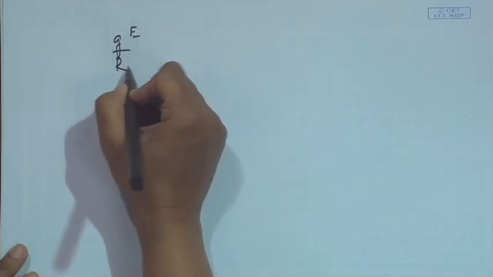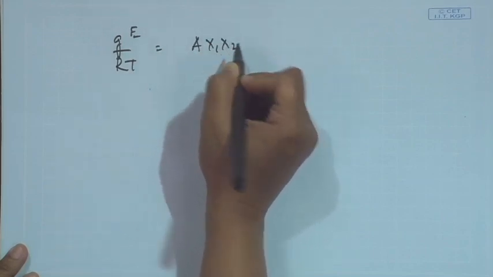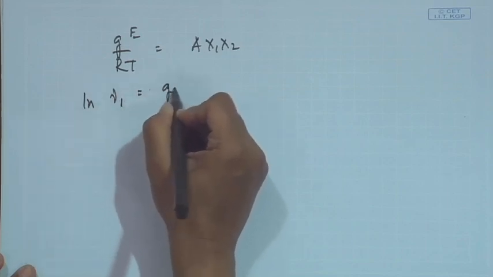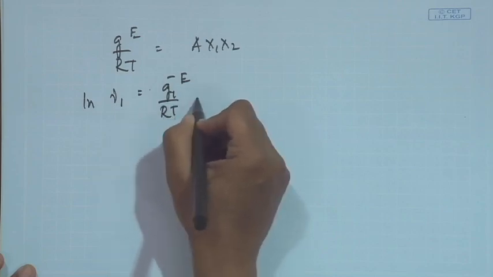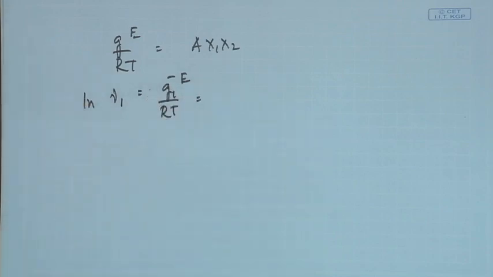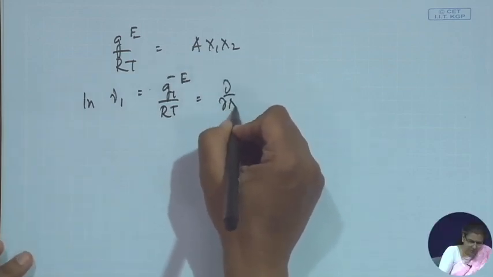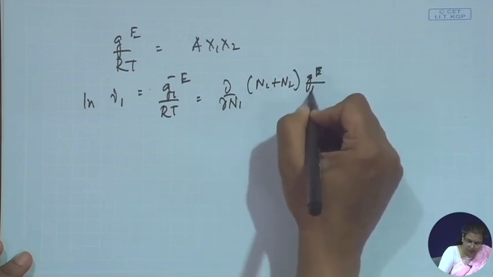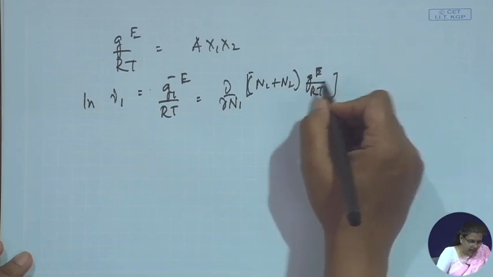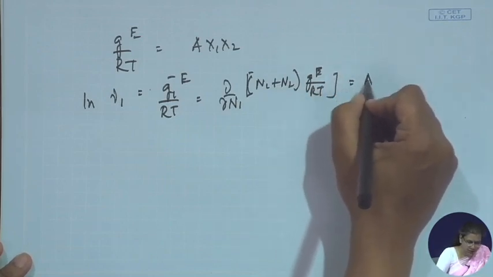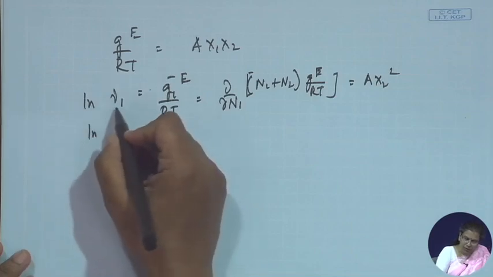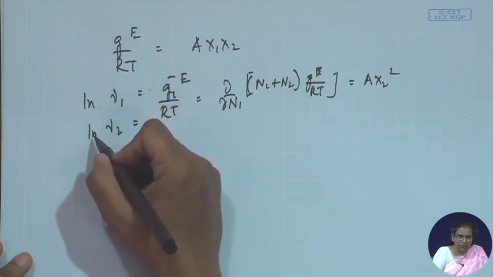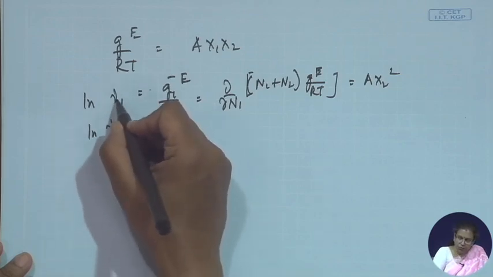G E by RT equals A x1 x2, and from there, if we are finding ln gamma 1, which is nothing but G1 bar E by RT, which is del by del n1 of (n1 plus n2) G E by RT, and if you differentiate it, you find that ln gamma 1 equals A x2 square. In a similar way, you can either differentiate in terms of n2 and find ln gamma 2, or you can use the Gibbs-Duhem equation once you know gamma 1 to find gamma 2.